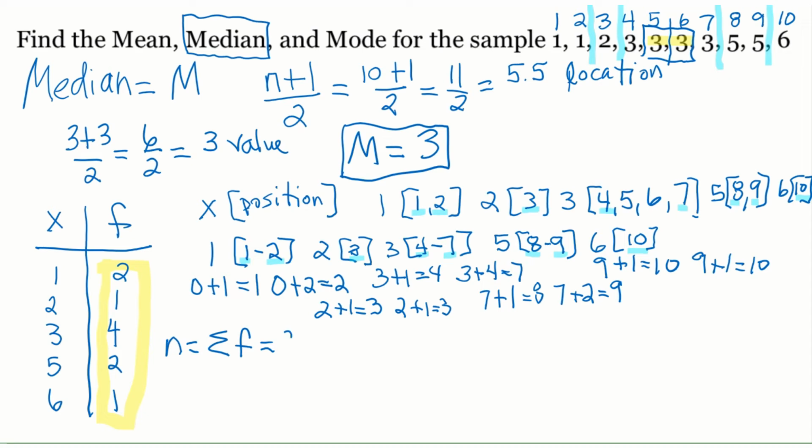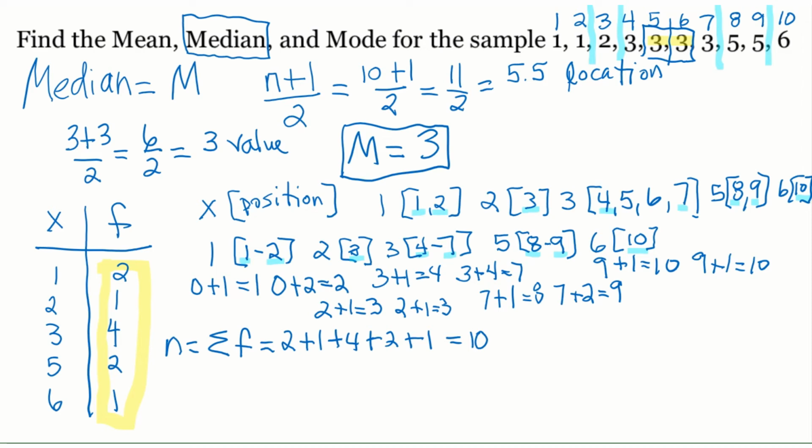So let's add that. That's going to be 2 plus 1 plus 4 plus 2 plus 1. And when we add those all together, that's going to equal 10.